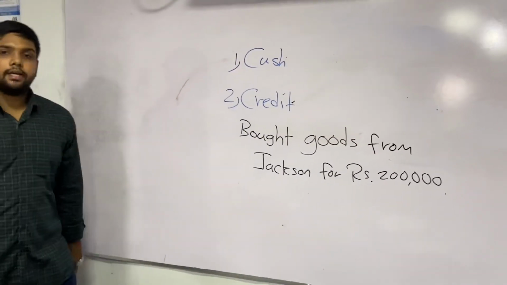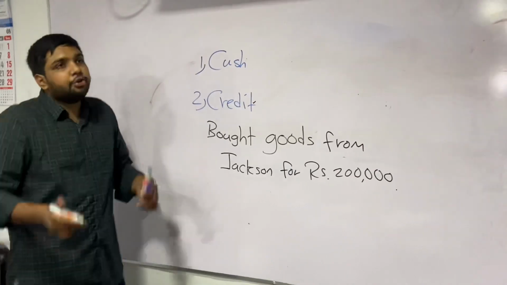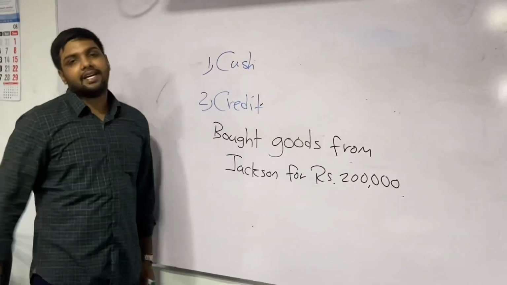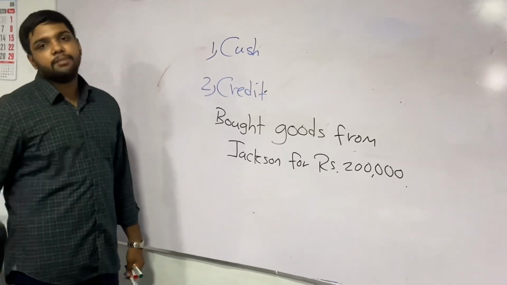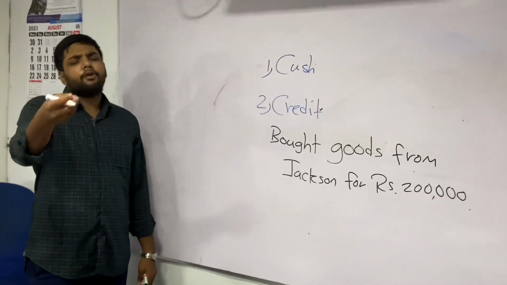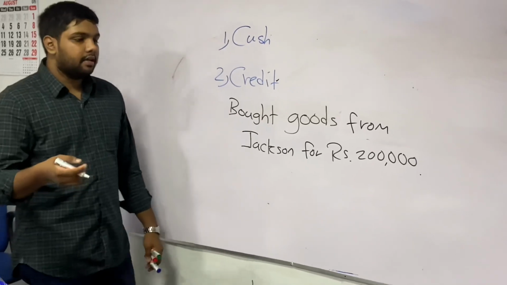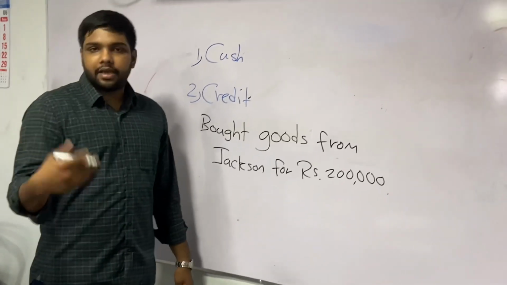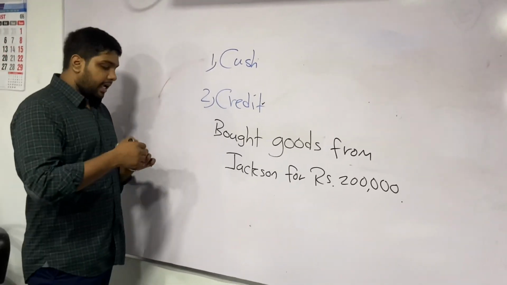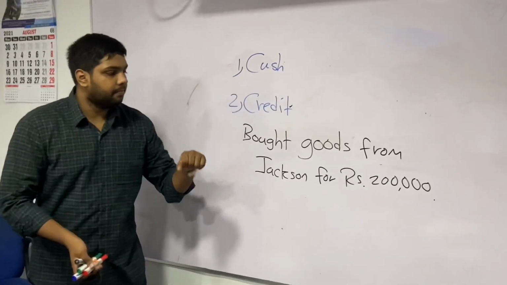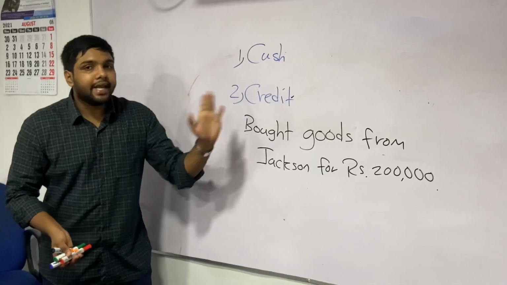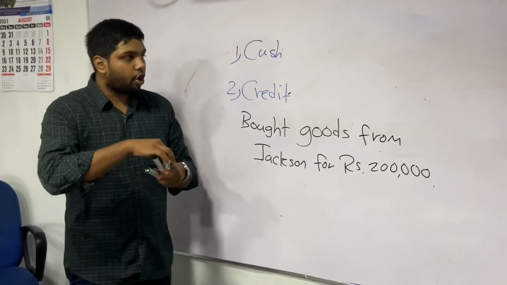In this transaction, I am asking you, what on earth do you think this transaction is? This is, I would say, the most important thing that the students unfortunately make mistakes on. So let's see. Now when you take this transaction, they have not mentioned the word on credit.